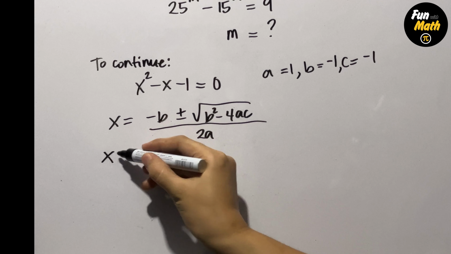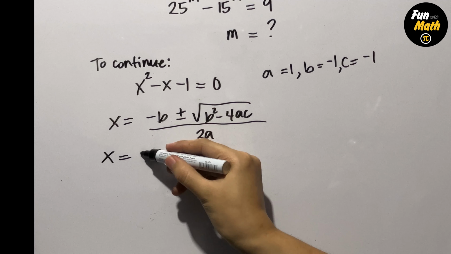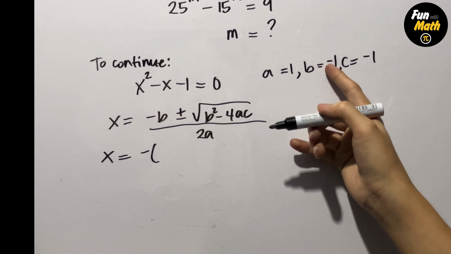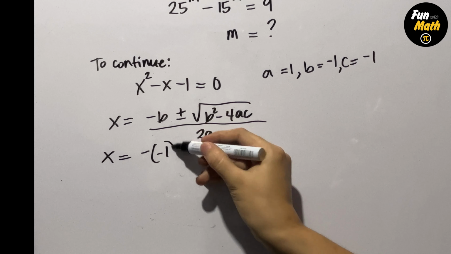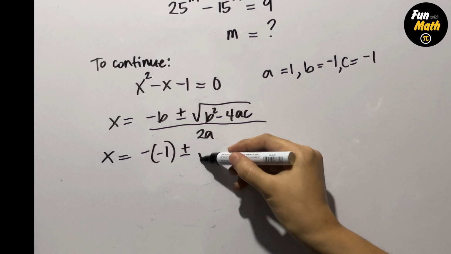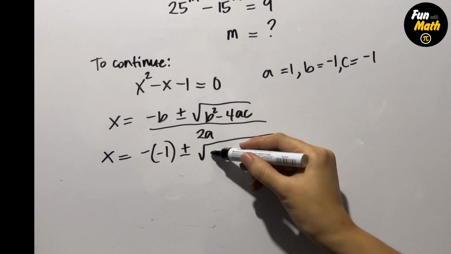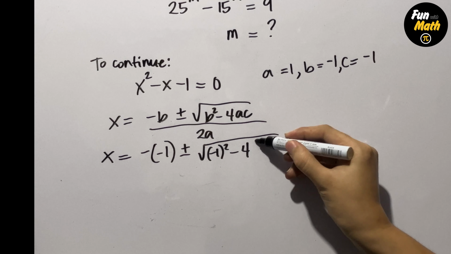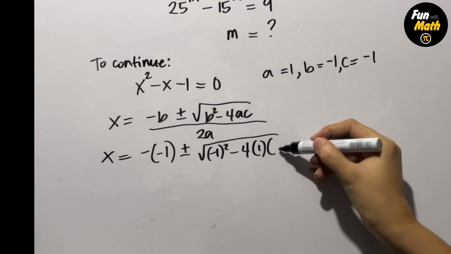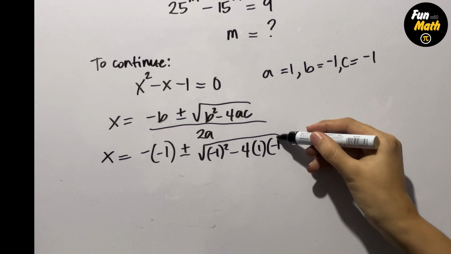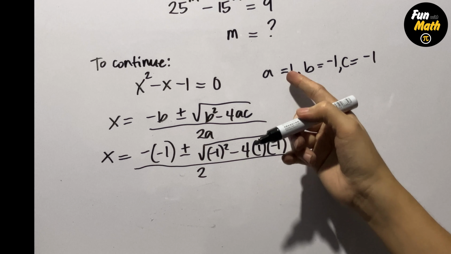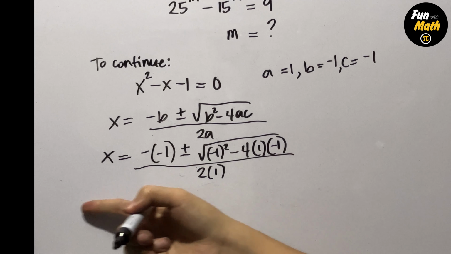So this is x is equal to negative times b, substitute -1. So this is -1, positive negative square root of b squared, this is -1 squared, minus 4 times a, which is 1, times c, which is -1, put over 2 times a, which is 1.